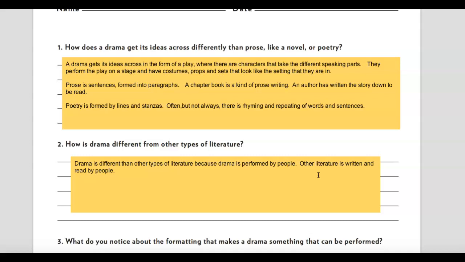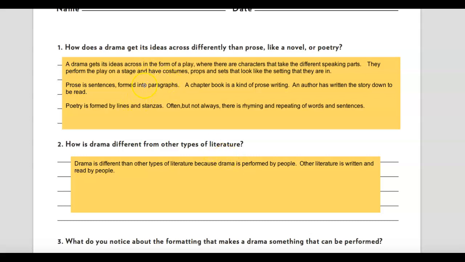They're all pretty typical in that they're written by an author or authors and then read by people. But drama is different from all of that in that drama is performed by people, just like what we just talked about.